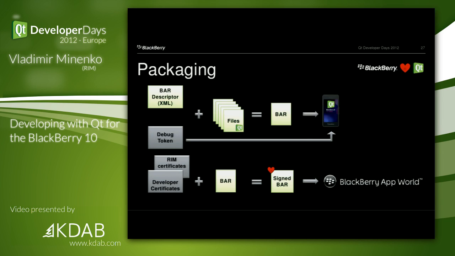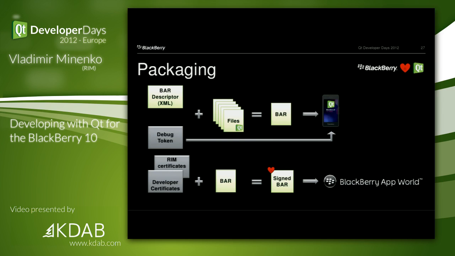You can basically download your stuff directly from a PC and assure this way faster development cycles. The debug token is linked to a certain device, and you can go to the settings and see your identity. It's not on the device, it's linked to your identity, and it is also linked to the keys you have got from Research in Motion.